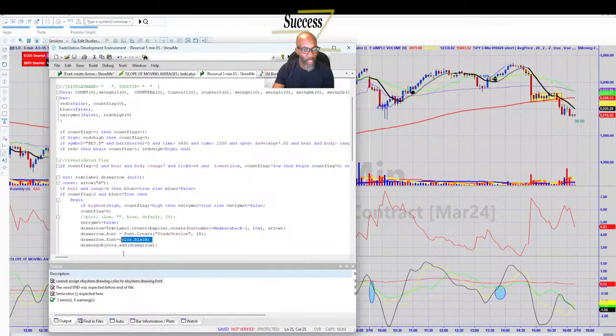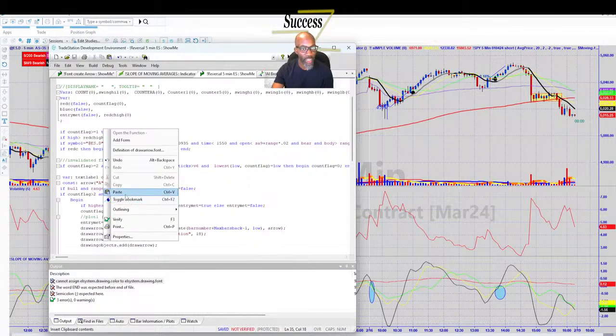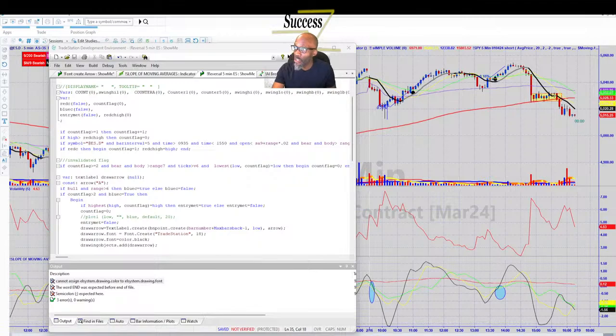Color dot. All right, let's see what it wants. Let's just go to this little help section. Or maybe I don't need to. Maybe I can just change the color of the text label instead of changing the color of the font. Let's try that.